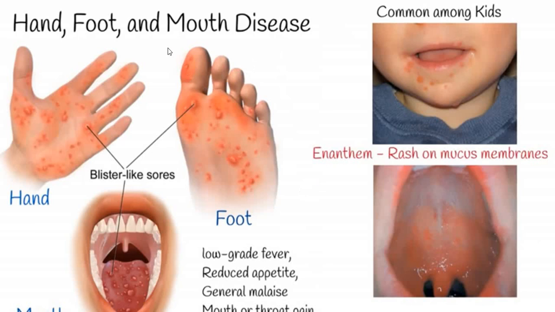So these are the rashes you can see clearly on the hands, foot part, perioral region, oral cavity, tongue, with low grade fever, reduced appetite, general malaise. Mainly the symptoms are because of the mouth ulcer, which will give rise to pain in the throat region, dysphagia, decreased appetite, and some children might even have nausea, vomiting.